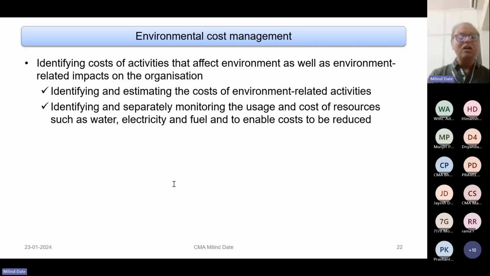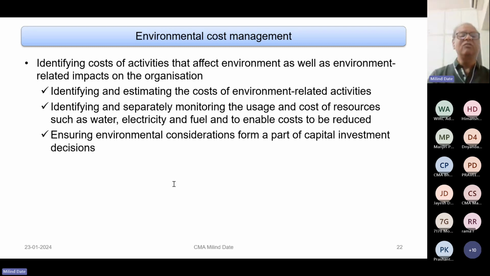Of course, air, water, electricity, fuel, so on and so forth. And then ensure that environmental considerations are embedded in your capital investment decisions, in your operating decisions, in your management methodology, management systems, everywhere.